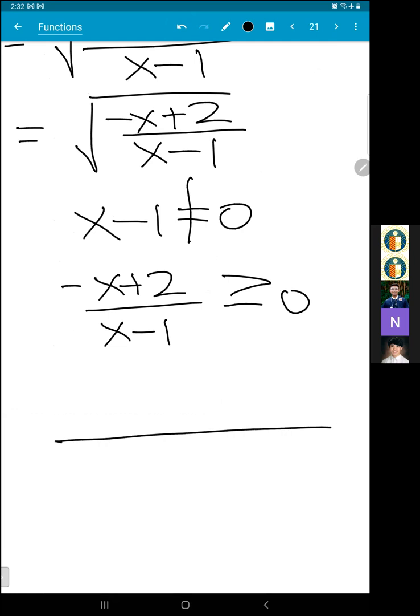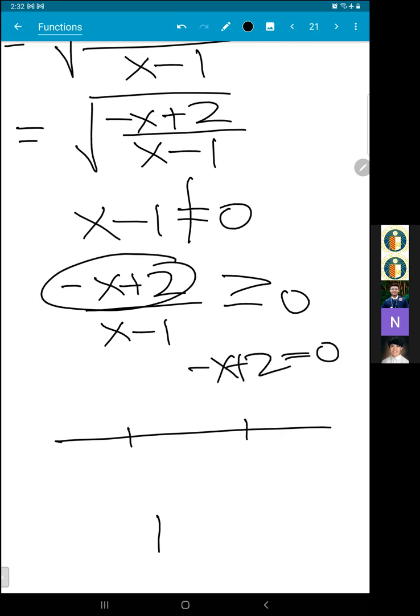So, isn't it the sign chart that is used here? How do you construct the sign chart or table of signs, if you're more comfortable with that? Partition numbers come from the zeros of the factors present. So we have 1 from this one, and then from this one, if you equate this to 0, you have 2.